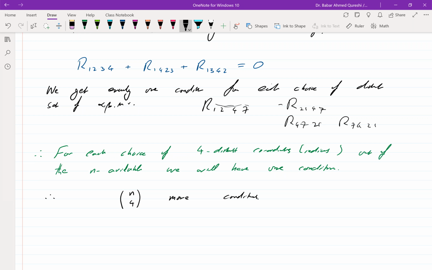They are linear conditions, so I can remove n choose 4 components.